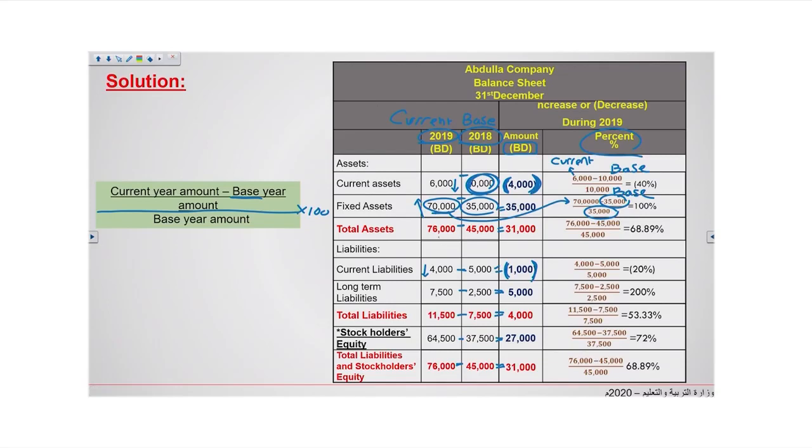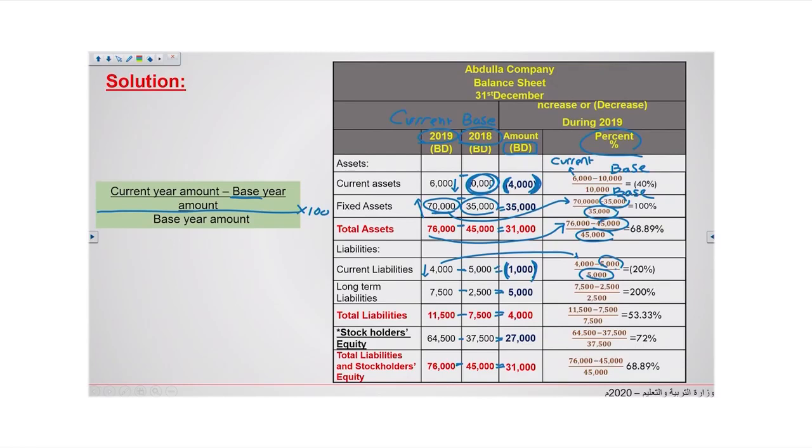The same as total assets, we will apply it in the formula, then we will add 45,000 over 45,000, the base year. Okay, the same for the whole amount, 4,000, we will apply it, then minus 5,000 over 5,000 equal 20%.